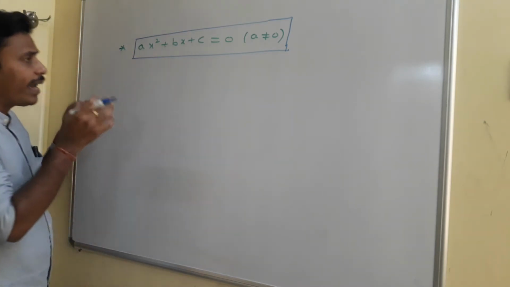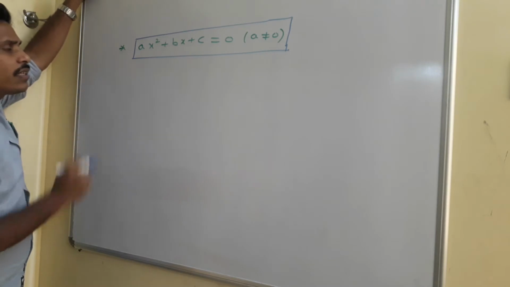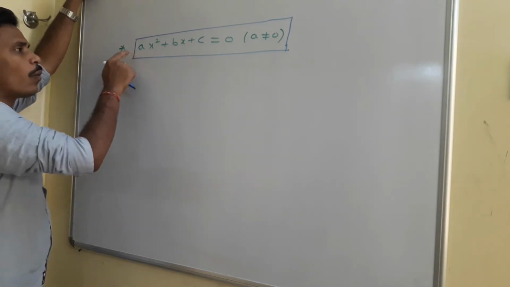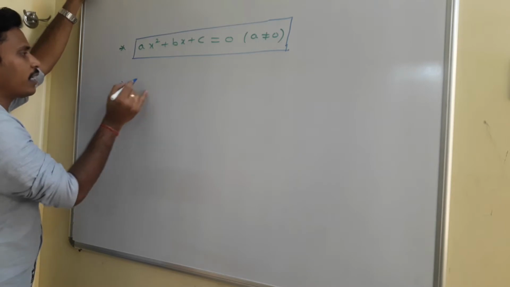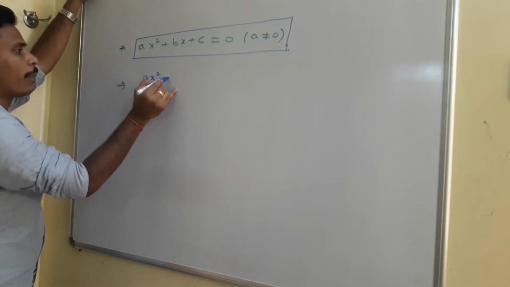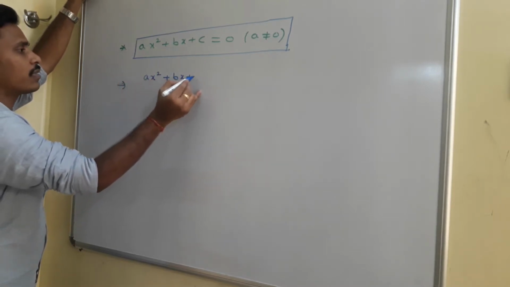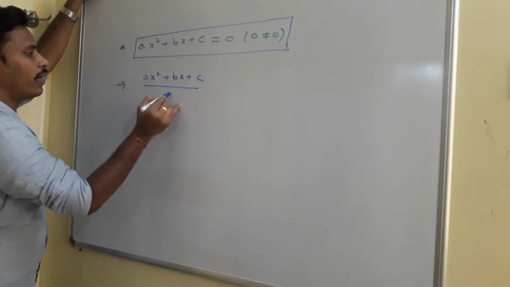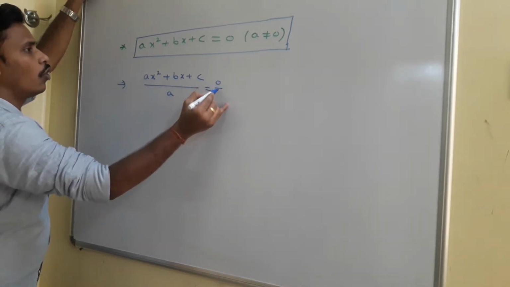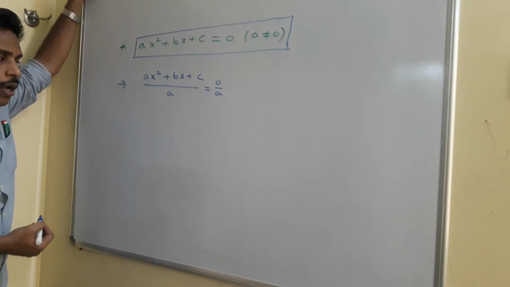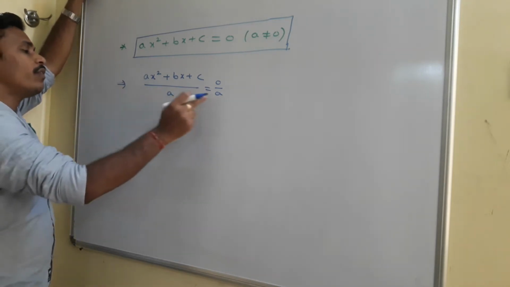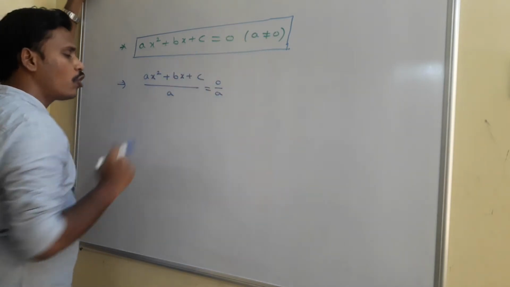So to get at least one perfect square in this equation, I am going to divide the whole equation by a, right? So in the next step, what I will write is ax square plus bx plus c divided by a is equal to 0 divided by a. Is there anything wrong? Nothing wrong. Why? Because we divided by a and that a is a non-zero number.